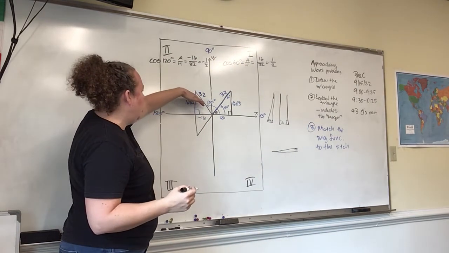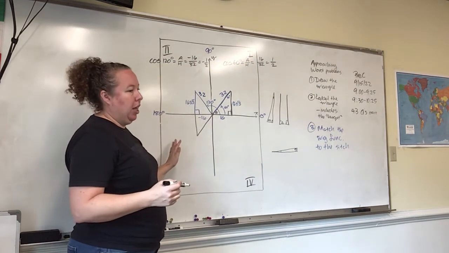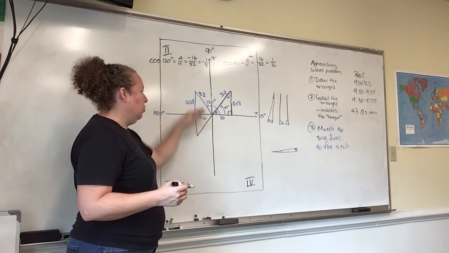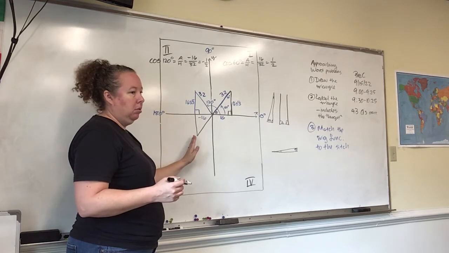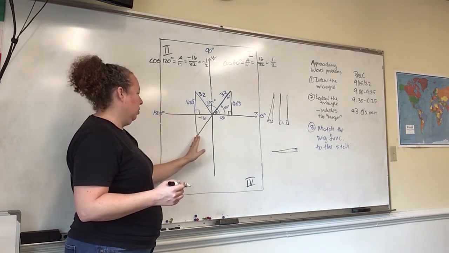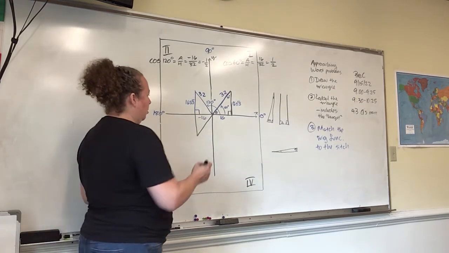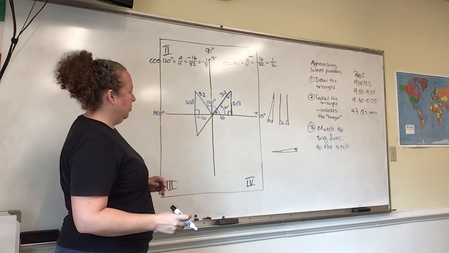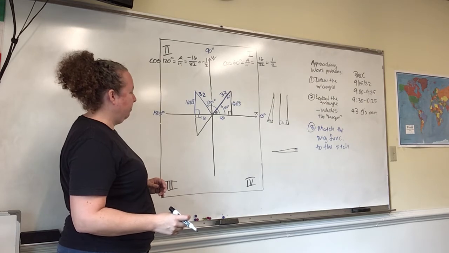Now when we keep going past 180 degrees, where are we going to stop in order to create another identical reflection? Wait, what was the question? I'm sorry, I was writing it down.